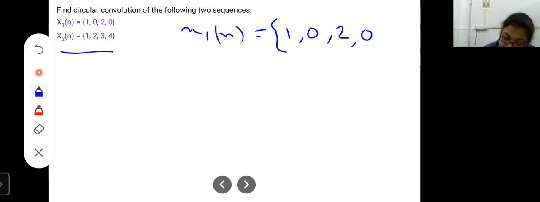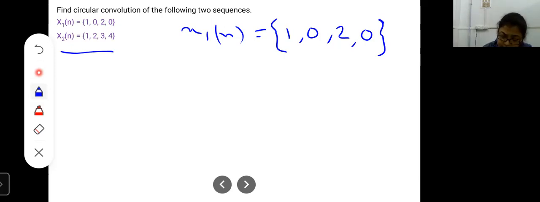After adding one zero, the length of x1(n) becomes 4 and x2(n) length is already 4. So the first step is length matching. First make the length of both sequences the same. If they are dissimilar, then pad extra zeros.